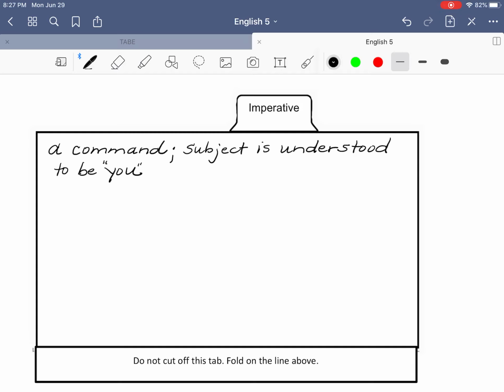For example, don't drive too fast. That's a command. I'm telling you to do that. So the subject, even though it's not written, is understood to be you, the person I'm speaking to.